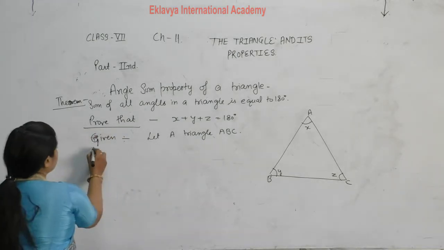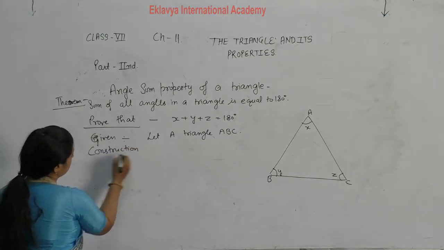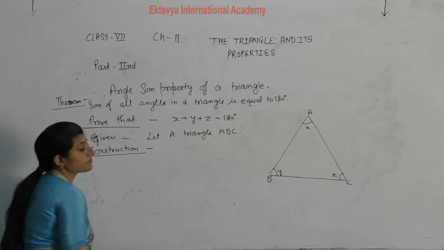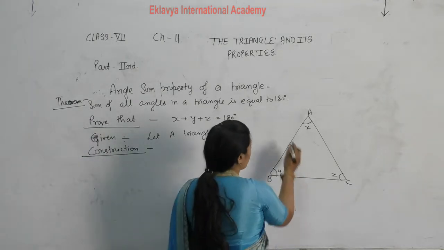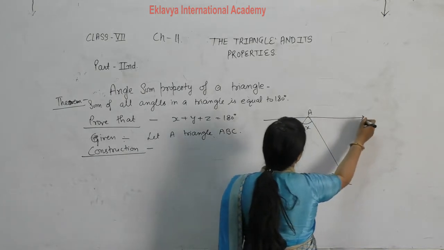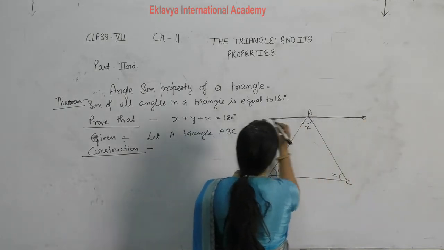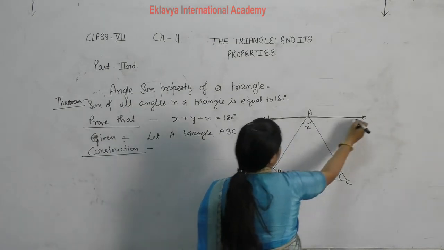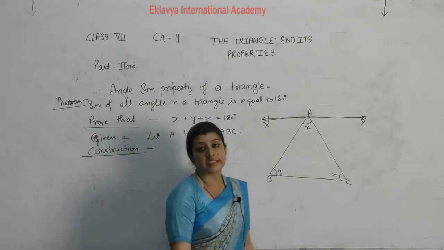For proving it, sometimes we need construction. In construction, what will we do? We draw a parallel line, suppose XY, which is passing through A and parallel to BC.